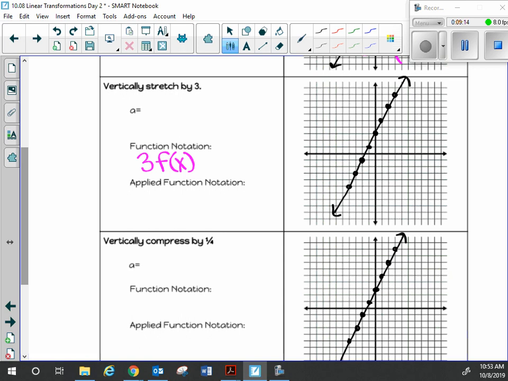So not only is my slope 3 times larger, what else is 3 times larger? The y-intercept. So I replace f of x with my function, which is 2x plus 3, and I multiply the whole thing by 3, giving me 6x plus 9.